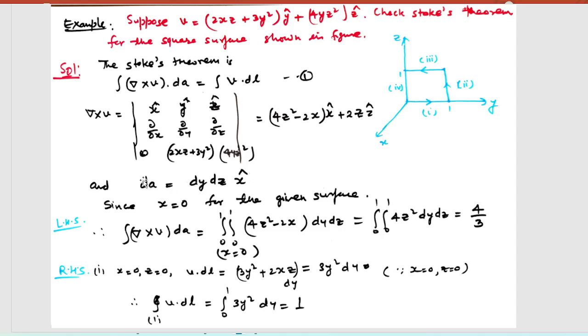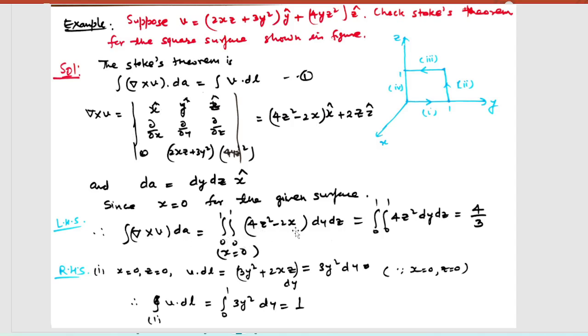And the area vector is in the yz plane, this area is in the yz plane. So we take the area vector dy dz, and the direction will be perpendicular, the x cap direction. Now we take the left hand side, del cross B dot dA.